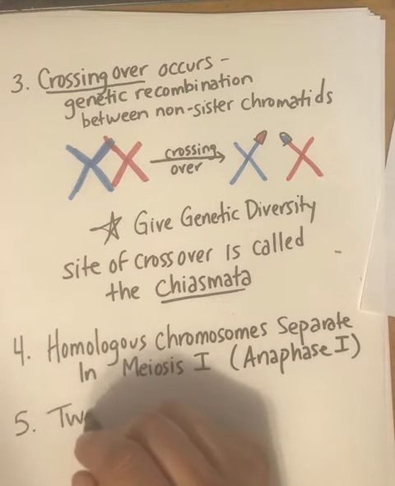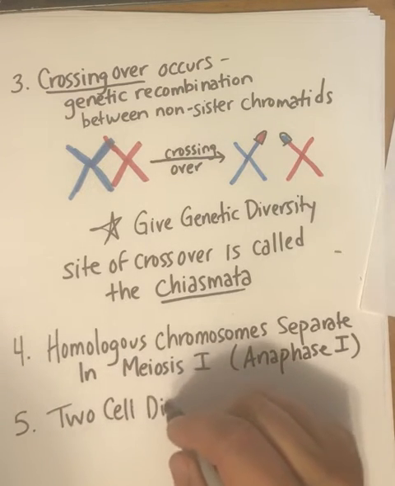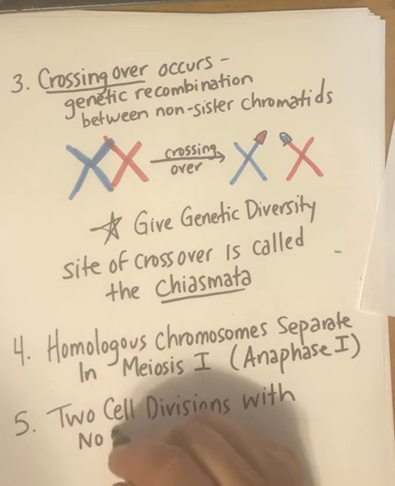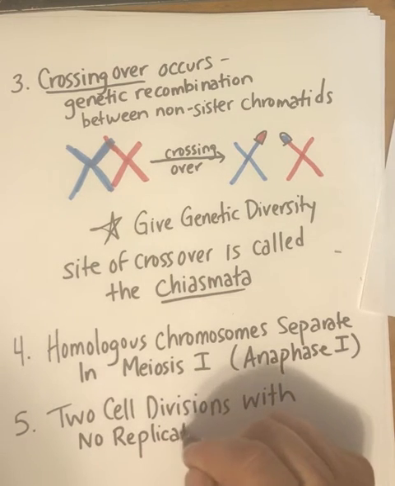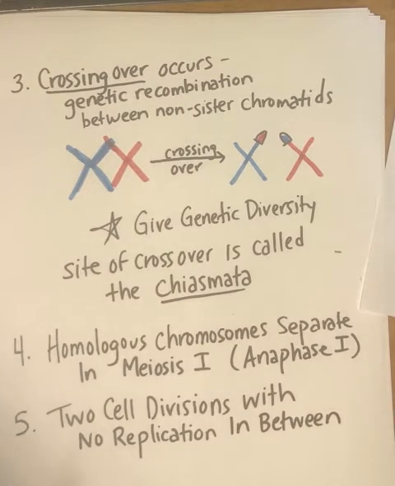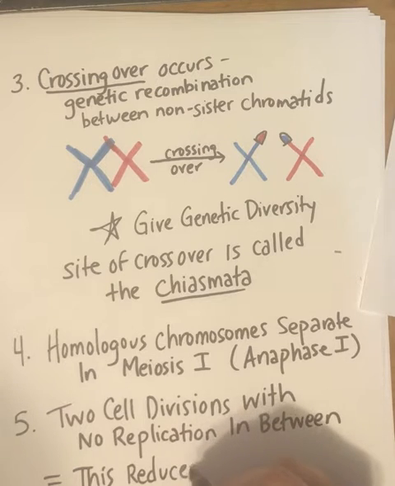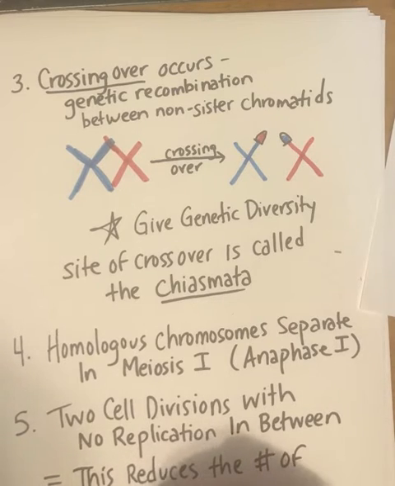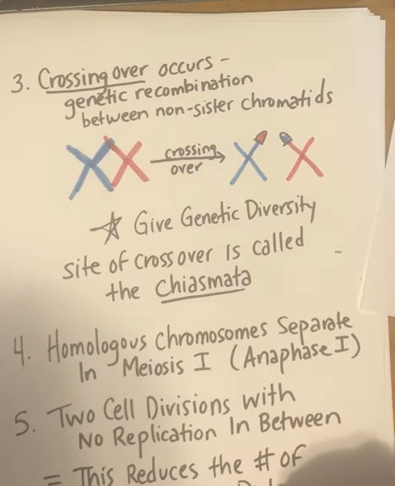There are 2 cell divisions that we talked about, with no replication in between. This reduces the number of chromosomes. So we go from diploid to haploid.